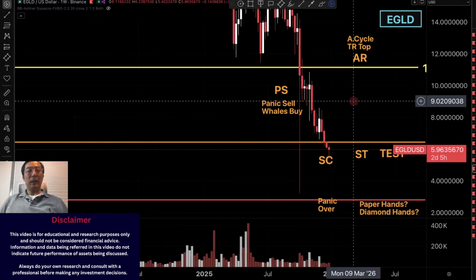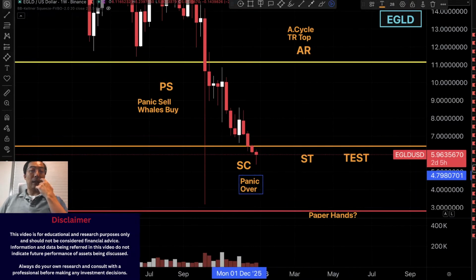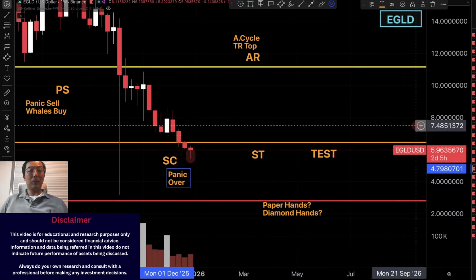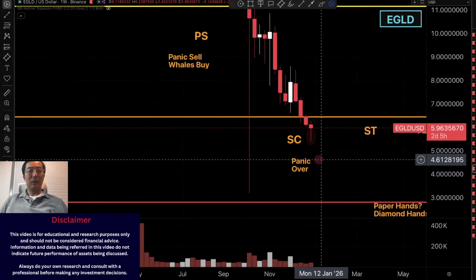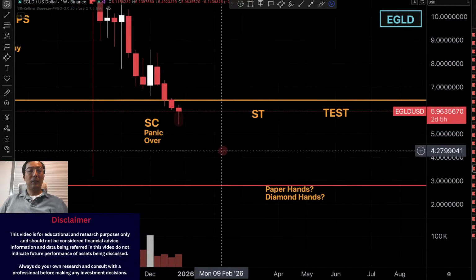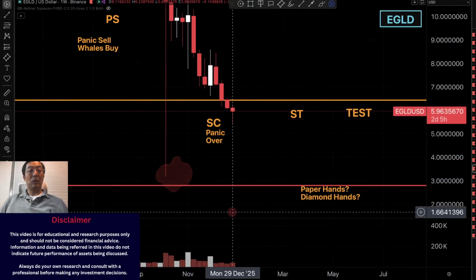For EGLD, it hasn't got a bounce yet. We don't see a white candle, but the longer wick from the bottom is a slightly positive signal that we're having. Of course, it can go deeper to somewhere near the October 10th level.